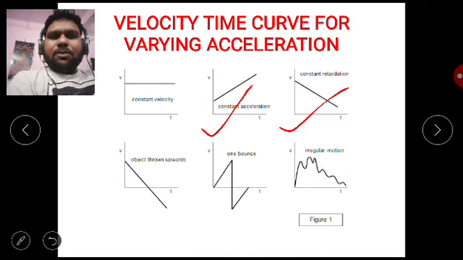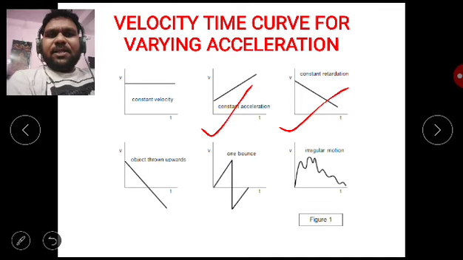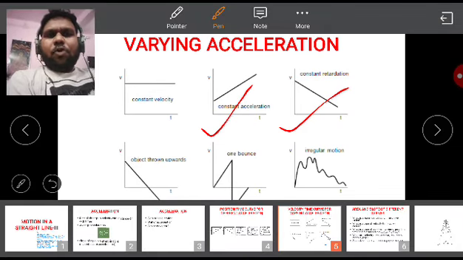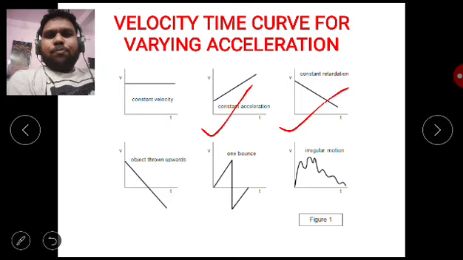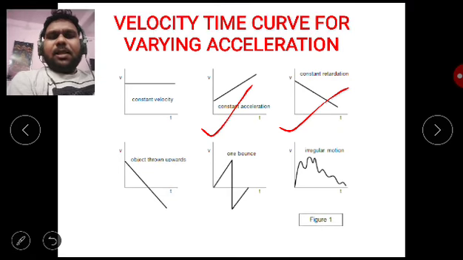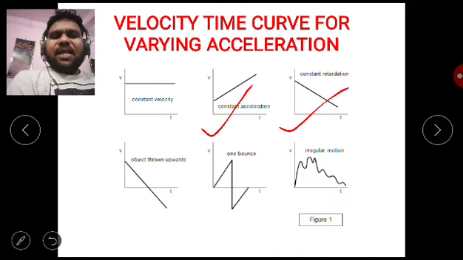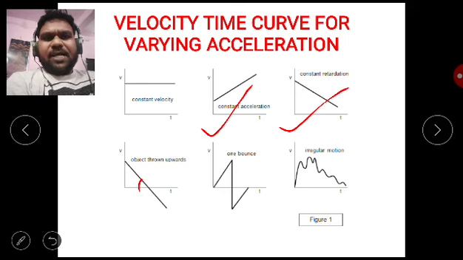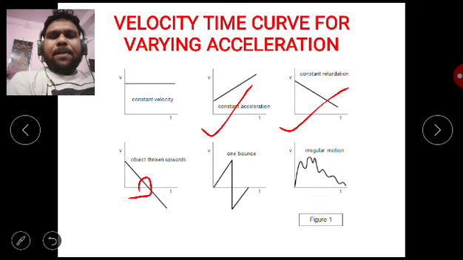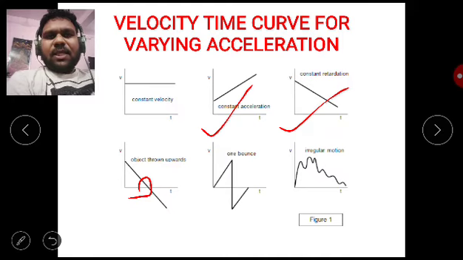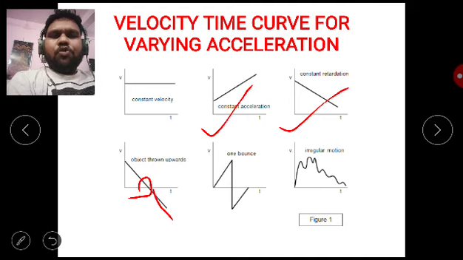When the body is thrown upward from the ground with some initial velocity, when the body reaches the highest point, it will change its direction. This is the point when the body starts coming downward. Before this point the body is going upward, and from this point onward the body is coming downward.